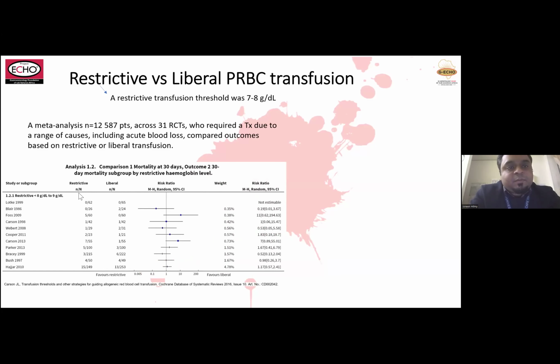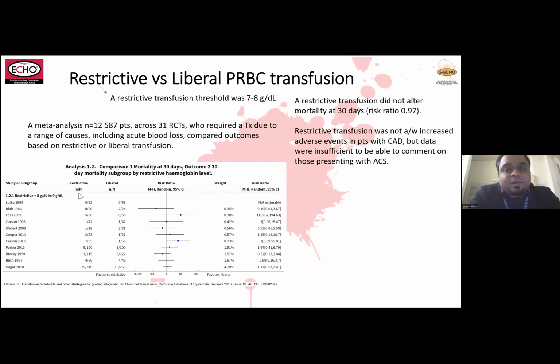And if you look at the meta-analysis, which had almost 12,500 patients across 31 RCTs who required transfusion due to a range of different causes, one of which was acute blood loss, comparing outcomes based on restrictive versus liberal. What they found was it really did not alter the mortality at 30 days.